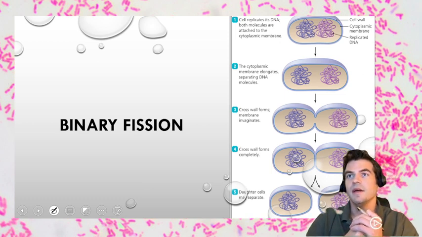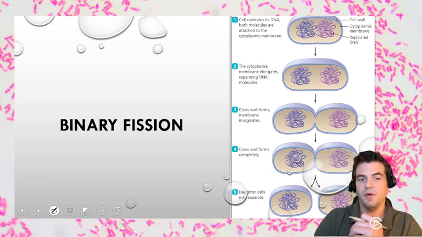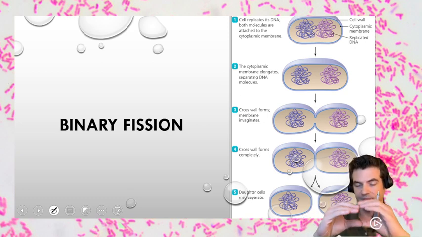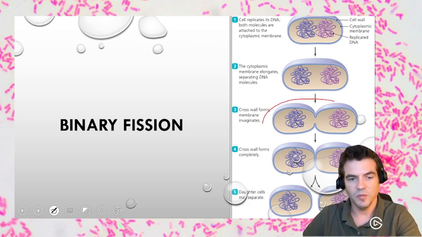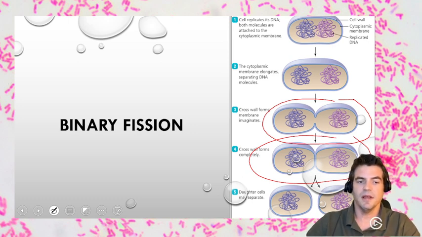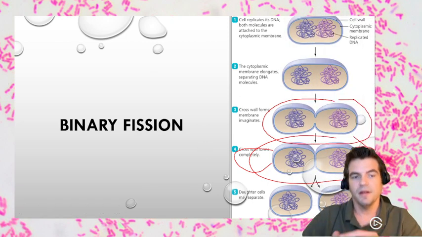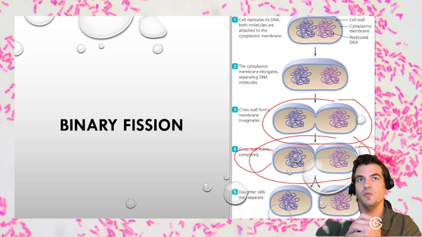All right, and binary fission is how they divide and replicate. When you get a chain of bacteria that kind of line up in a line, this is why. When they bud off, they kind of stick together and form that chain, because then these two will divide and make a bigger chain. But binary fission requires the DNA inside the cell to replicate first.